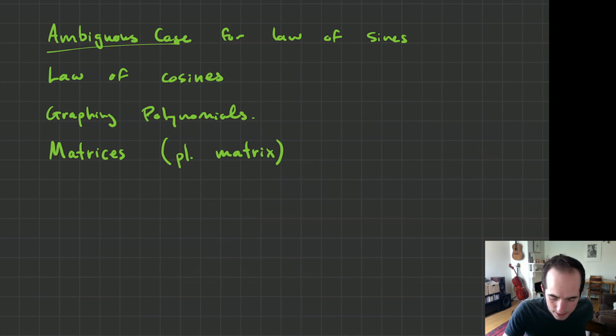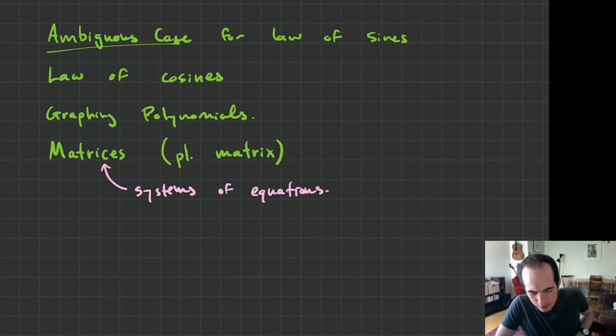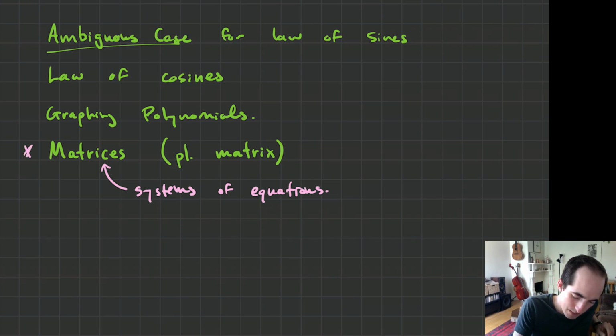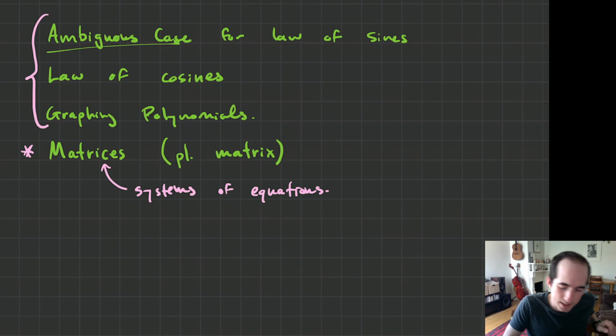I think I mentioned matrices a couple of times while we were doing systems of equations. Matrices are pretty interesting, and what's cool about them is that they take something we already know how to do, and do it better in exactly the same way. It's pretty neat. I really like talking about matrices. So if we have time, we will do matrices. But if we don't, then our goal is to do these 3 topics.